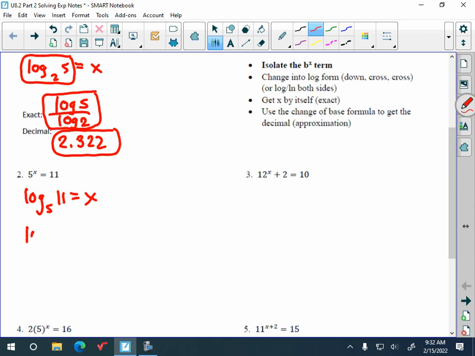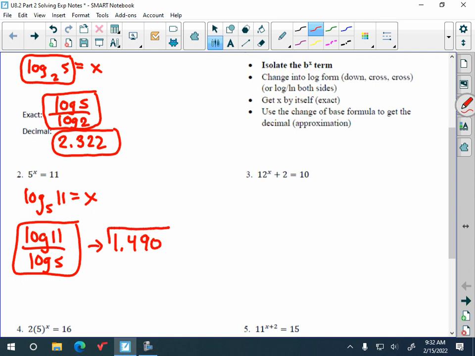So using the change of base formula, log 11 over log 5. This is our exact answer. Then we'll put it in the calculator and get the decimal. Going to 3 decimal places again, we'll go 1.4, and then 89 is going to have to go up to 90. So 1.490.